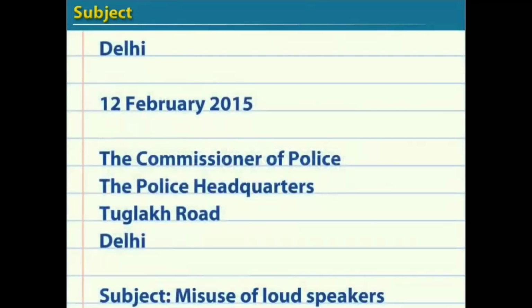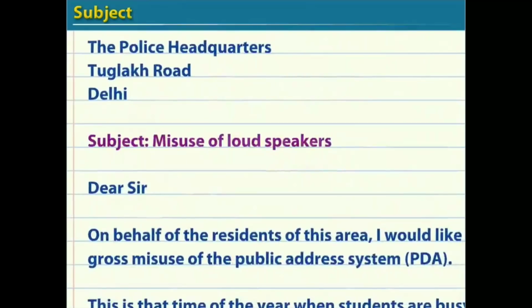Subject. The subject briefly states the complaint that prompted the sender to write the letter. Write it after leaving a line below the receiver's address and above the salutation. Keep it short and crisp, not more than 6 to 8 words.